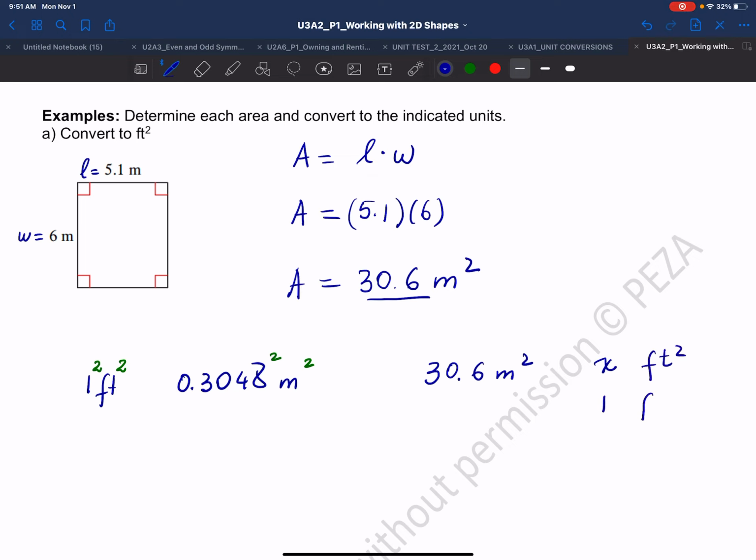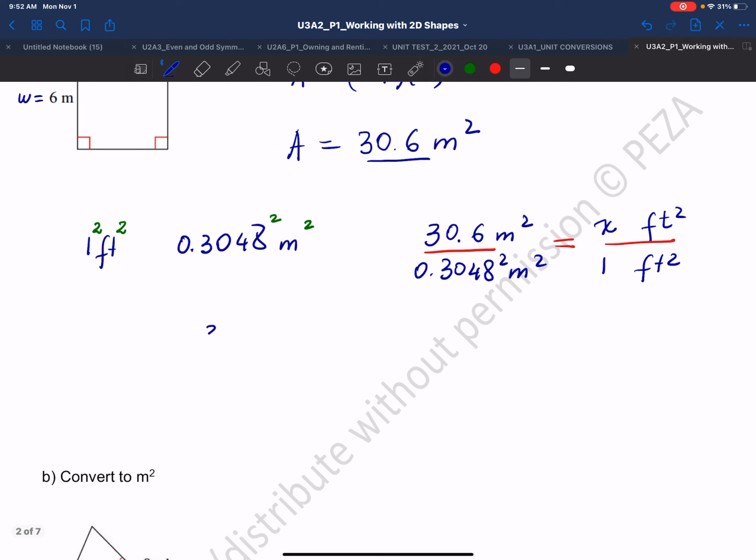Now, 1 foot squared, on the other hand, would equal 0.3048 squared meters squared. So with this, we create an equation, a fraction on each side connected by the equal sign, and we'll have 30.6 over 0.3048 squared.